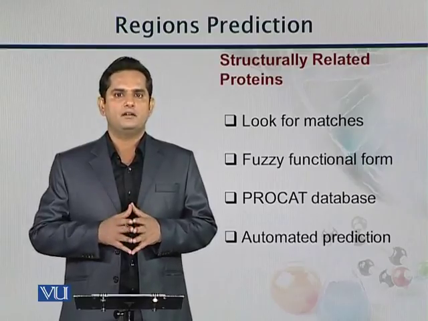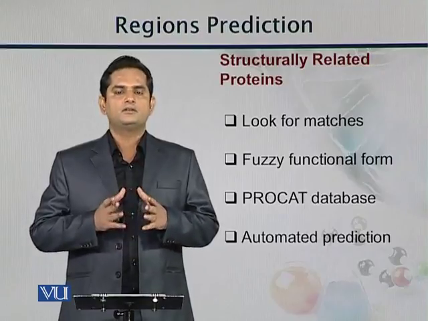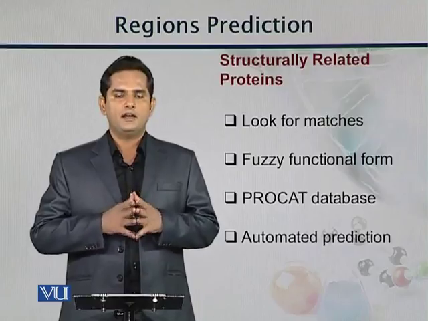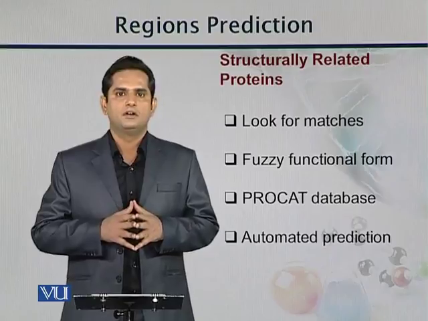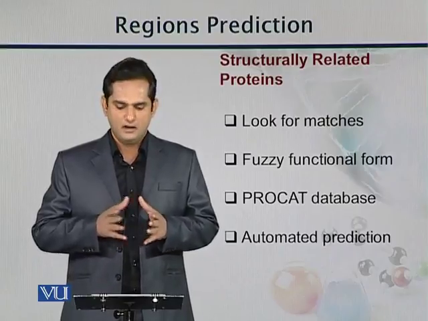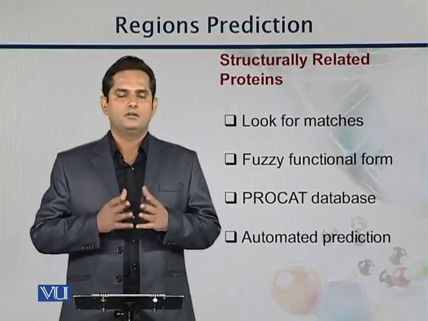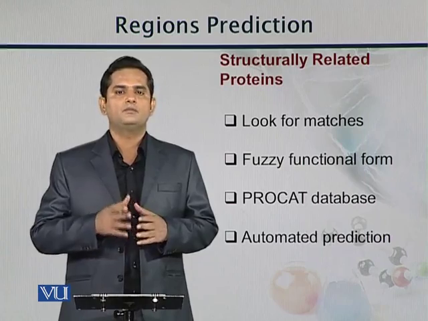And then finally we have automated prediction. In addition to structure, it helps us to identify functional information of proteins also. So these four methods are used for structurally related proteins, to find how they are related to each other, and how to find unknown sequences from known sequences.